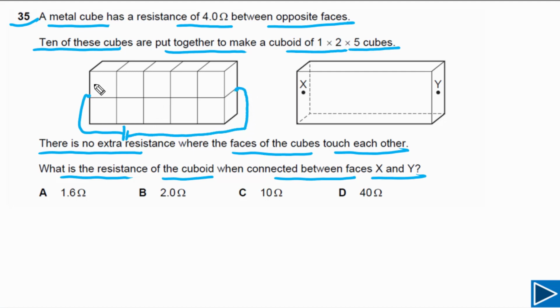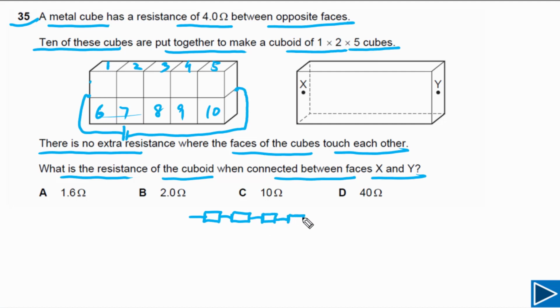First thing we need to understand, if we look at these cubes, this is the first cube, this one is the second one, third, fourth, and fifth. This one is 6, 7, 8, 9, 10. If you look at these 5 cubes, they are connected end to end. It means these 5 cubes are connected in series, and these other 5 cubes are also connected in series. So simply we can redraw this circuit. We can treat the cubes as resistors.